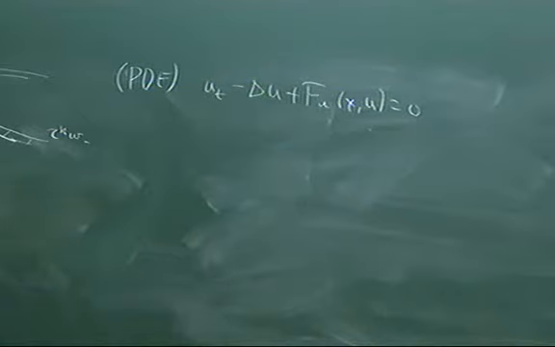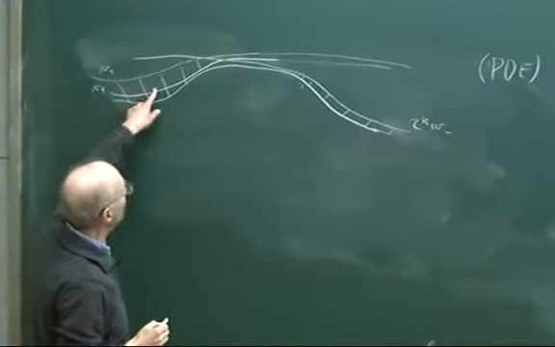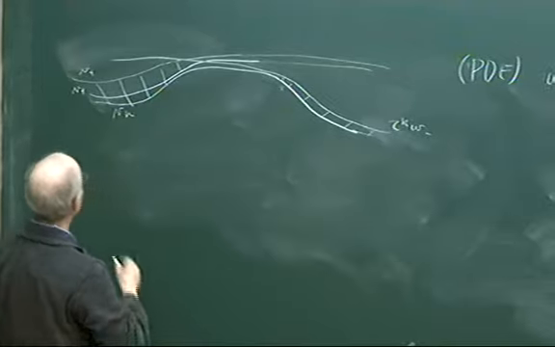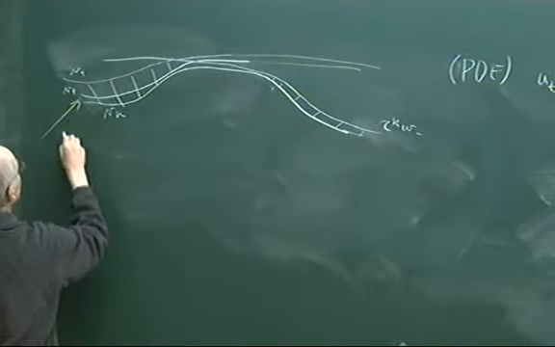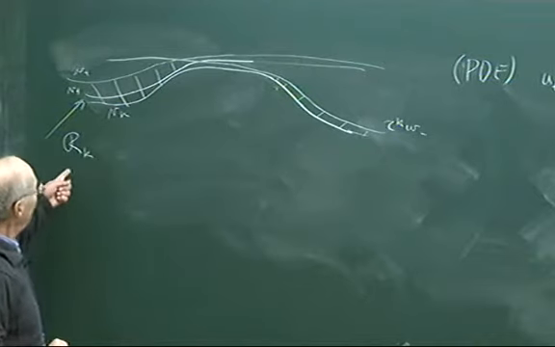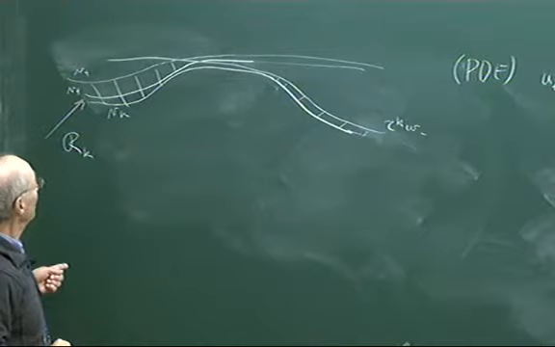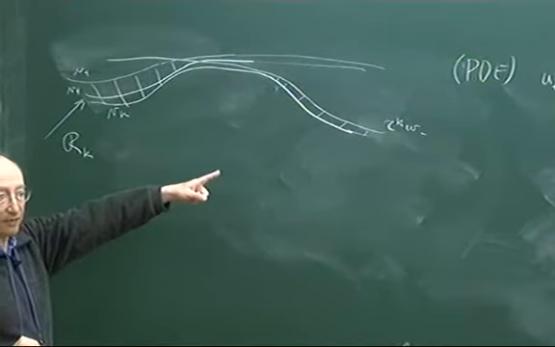Let's make an observation: look at the shaded region, let's call it the shaded region Rk. So Rk will be invariant under the corresponding heat flow.